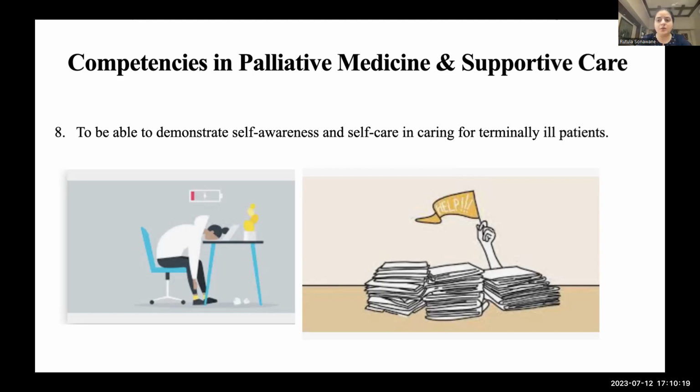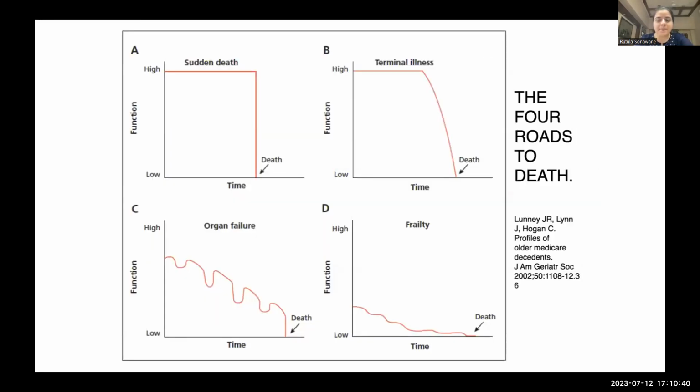Notice them early so that they can be managed, and thus they do not hamper your caregiving to the patient. So always be aware of yourself as to when you may develop stress or burnout.